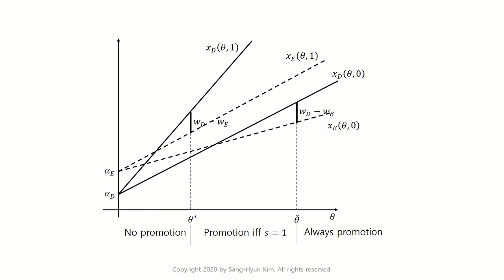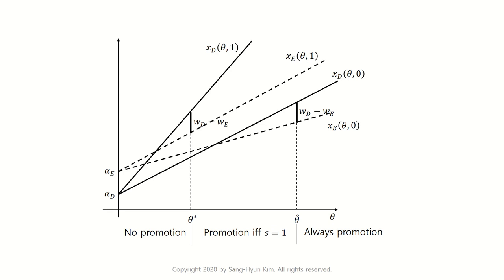And if theta is between theta star and theta hat, then the principal promotes the worker only when the skill level is 1, right? So if skill level is 1, then the worker is promoted when theta is greater than theta star. But the worker is promoted when skill level is 0 only if theta is very, very large, only if theta is larger than theta hat.